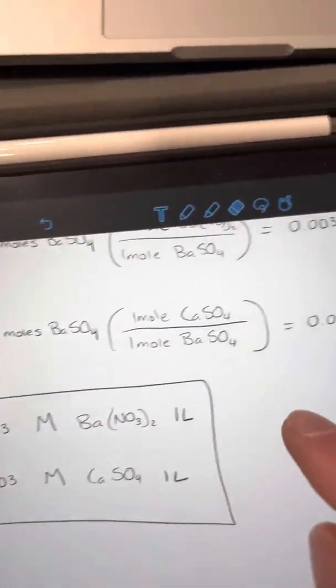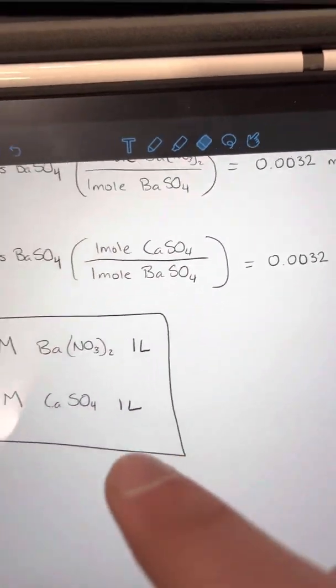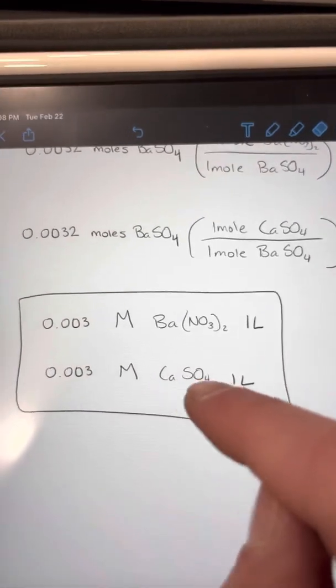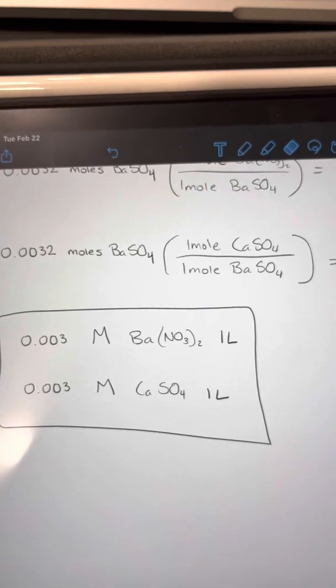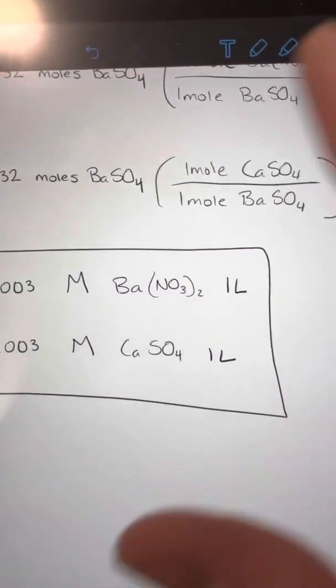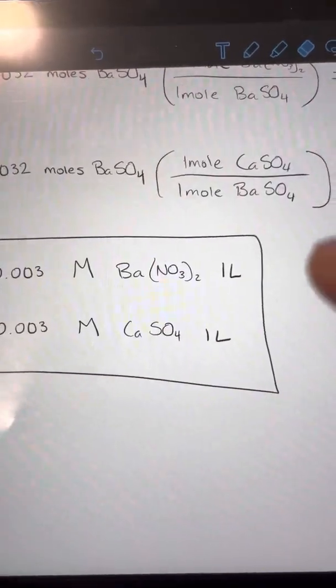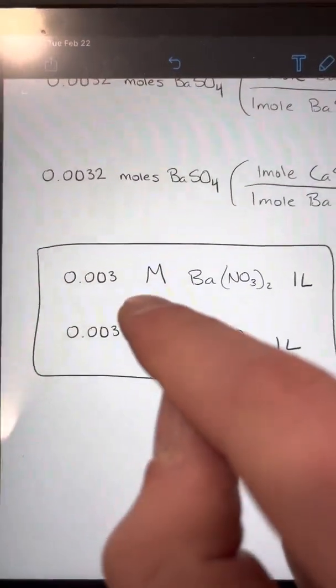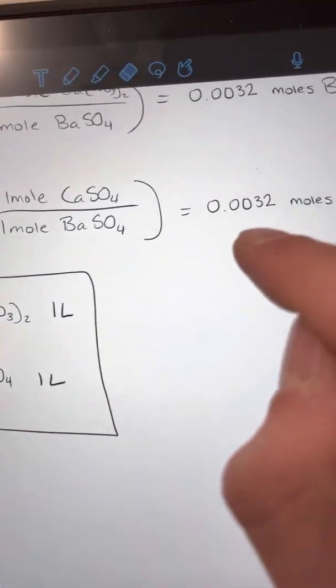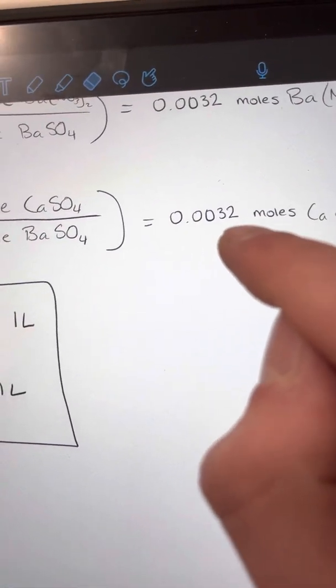So then this comes to our answer. The concentration is going to be our molarity, and that's moles per liter. So we get to choose what our concentration or what our volume is. If we choose 1 liter, then for every 1 liter of barium nitrate, we have 0.0032 moles.